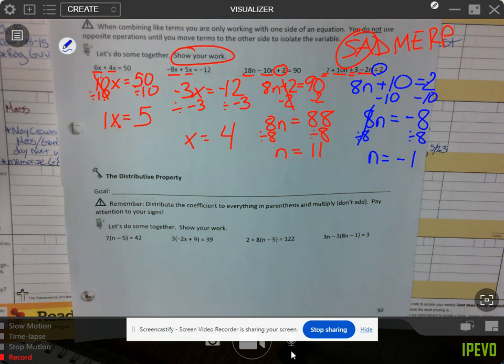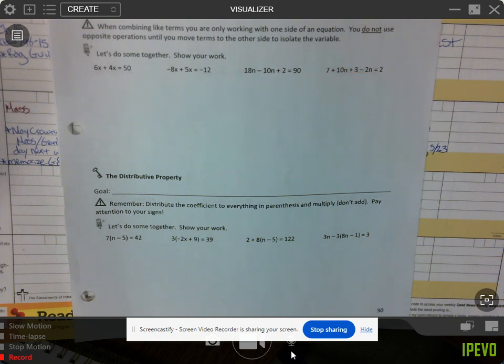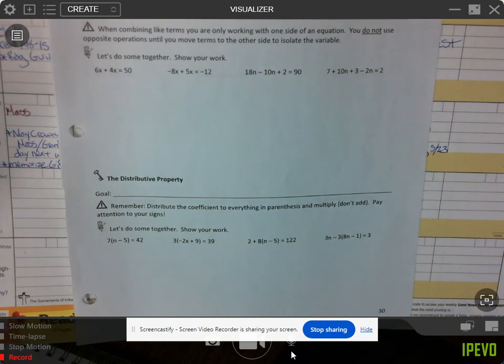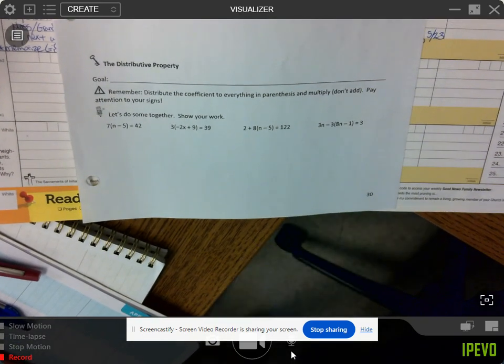Then you multiply or divide, opposite of what the operation was telling us. Do negative signs matter? Yes. A lot. So, we have another part that goes with it, the distributive property. Remember, we talked about the distributive property in the last objective.